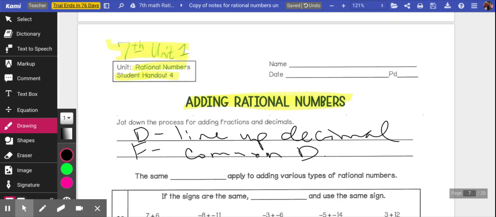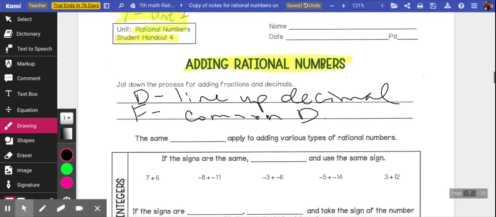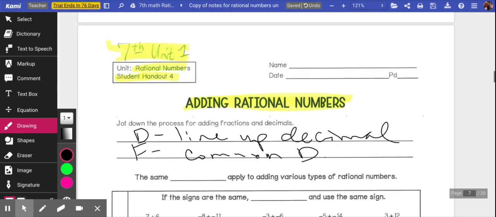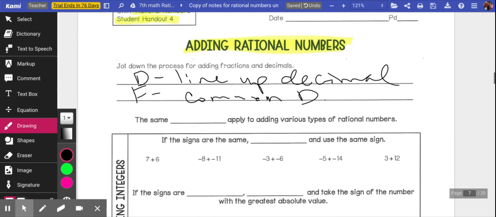So you follow the same rules with these rational numbers. And remember, rational just means it includes fractions and decimals. The same steps apply as what we just did. If the signs are the same, you add and keep the sign.